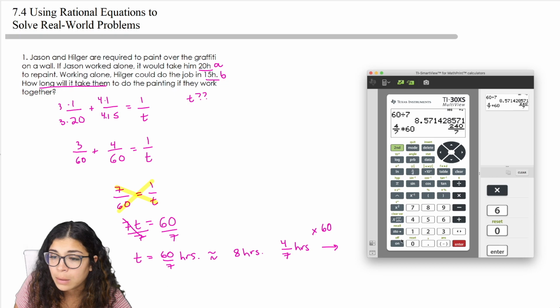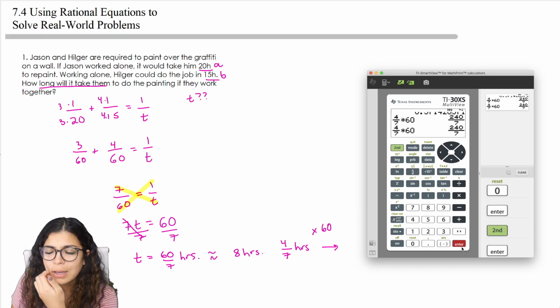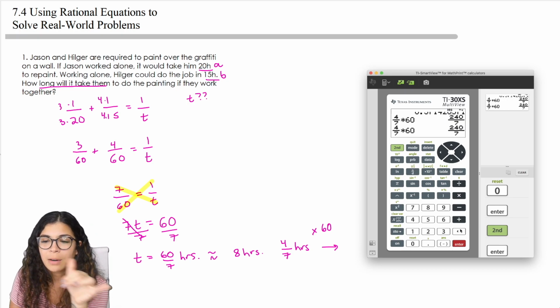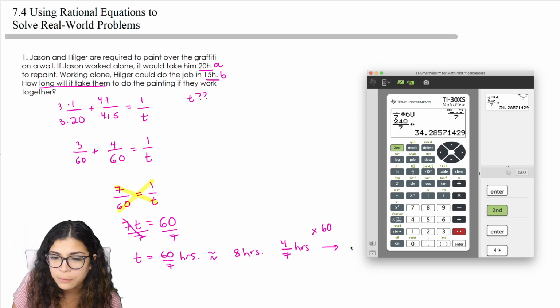So I will round that answer by clicking second and clicking enter. No. How is it that you change it to a decimal again? Oh, right here. The left and right arrows above enter, it changes it to a decimal. So it's about 34-ish minutes, okay? So 34 minutes.